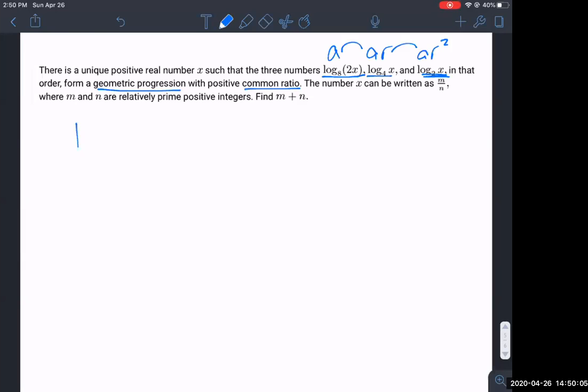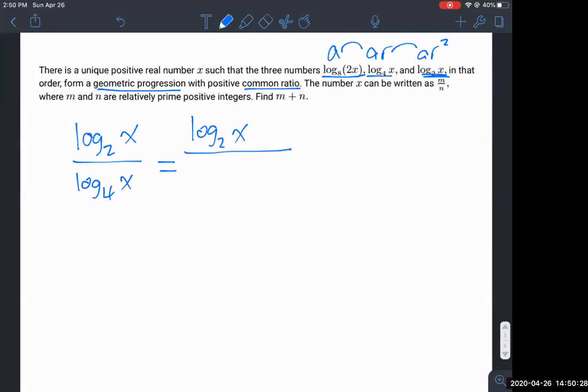So to find the common ratio, let's see if we can evaluate log 2 x and log base 4 of x. The handy thing with this is that change of base completely breaks it. We can turn it to log base 2 really. The top just becomes log base 2 of x.